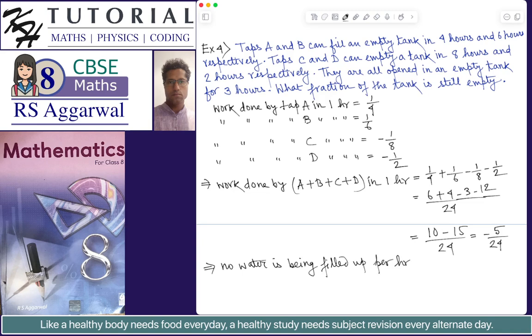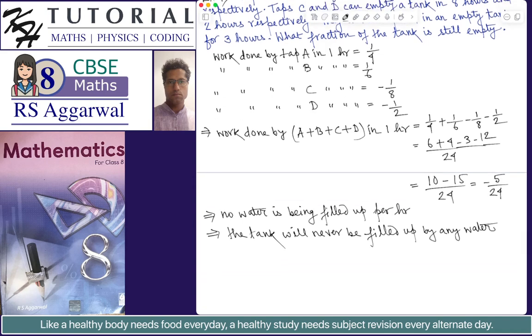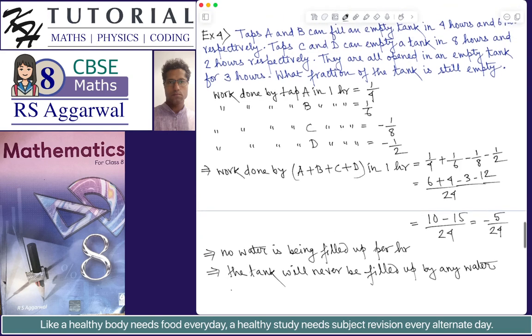This implies that the tank will never be filled up by any water, irrespective of for how many hours the 4 taps are working.